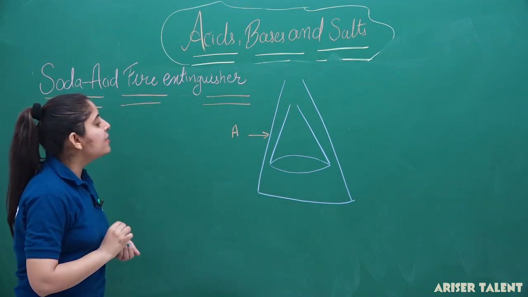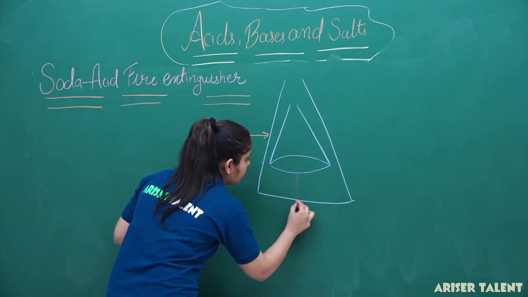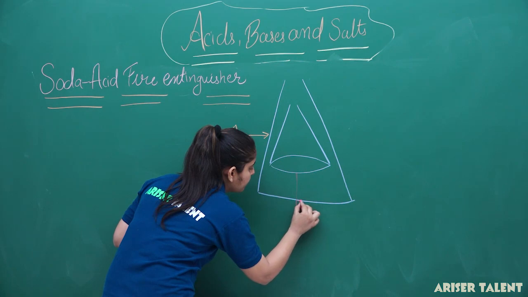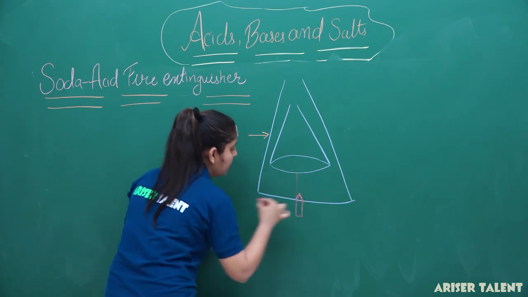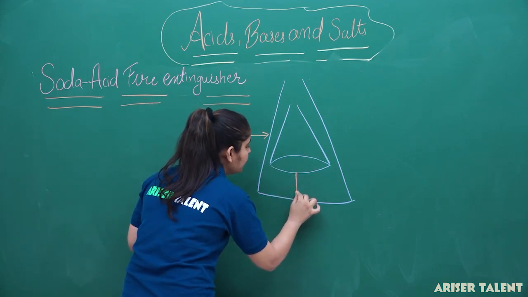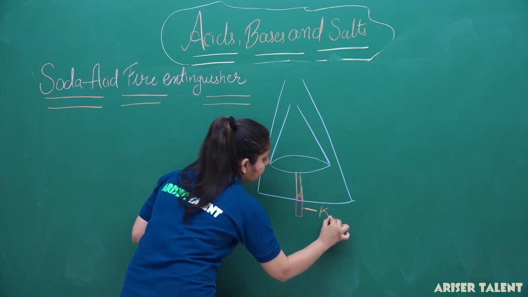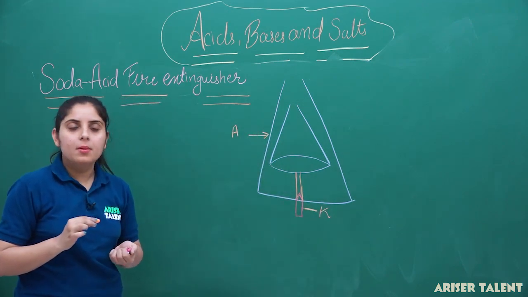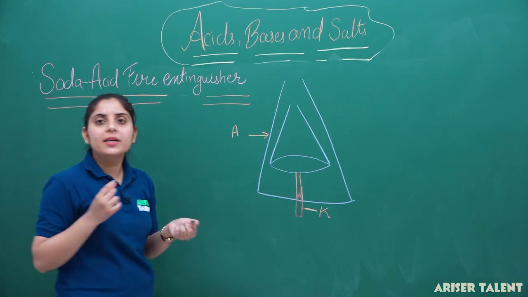Now what we will take in this case, we will put a knob over here. So we have taken a knob from here, and this knob is basically K. K stands for knob. Now we have taken an ampoule in this conical cylinder.